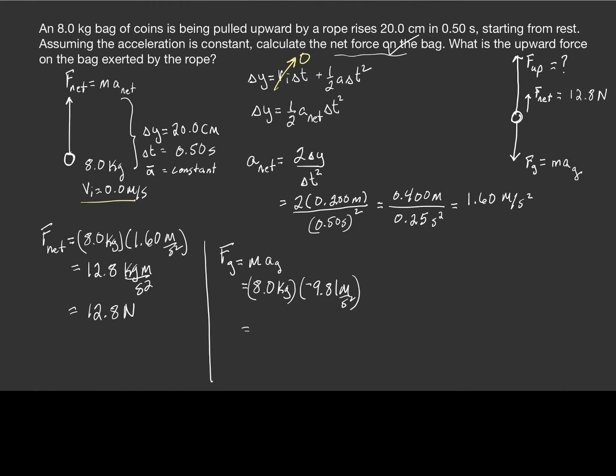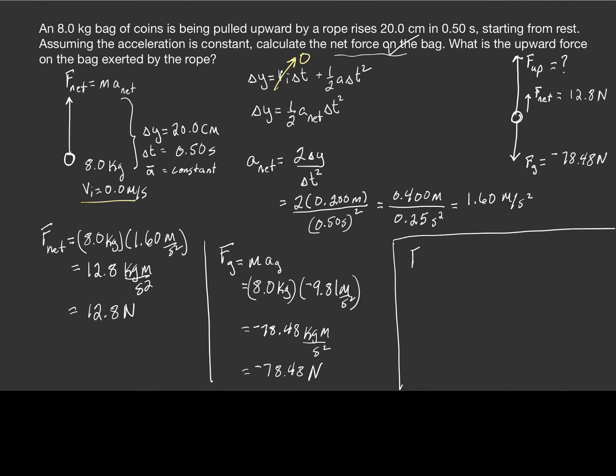All right, so 8 times negative 9.81, we get a negative 78.48, and that would be kilogram meters per second squared, which we know is a negative 78.48 newtons. So now we know this part here. Now we know that this is a negative 78.48 newtons.